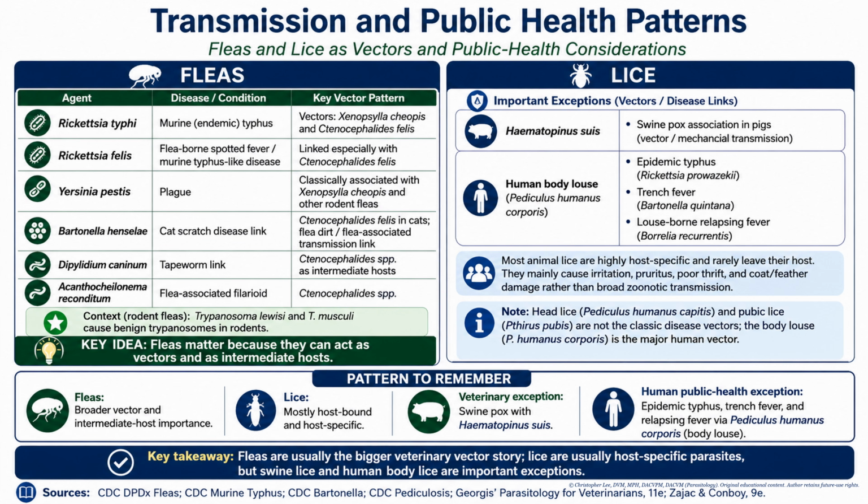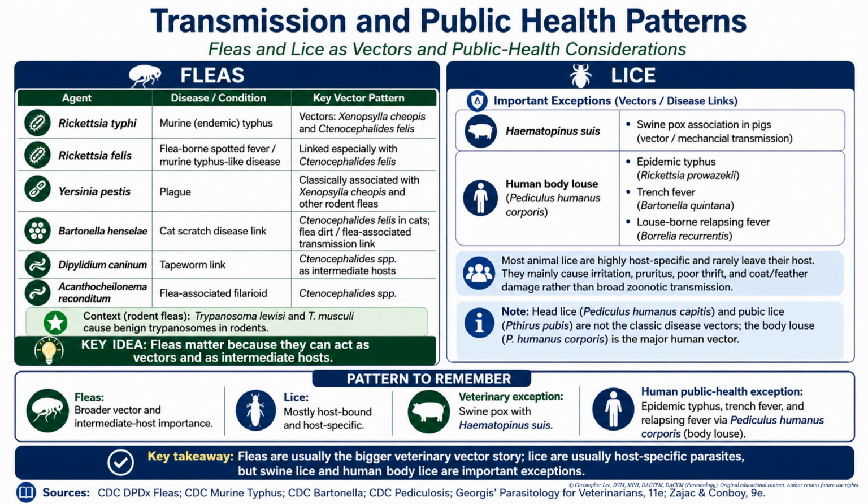Yersinia pestis, the plague agent, is classically associated with Xenopsylla cheopis and other rodent fleas. Bartonella henselae is linked to cat scratch disease with flea-associated transmission in cats. And Dipylidium caninum uses fleas as intermediate hosts. That is why fleas are not just itchy punctuation marks. They are mobile ecological connectors.